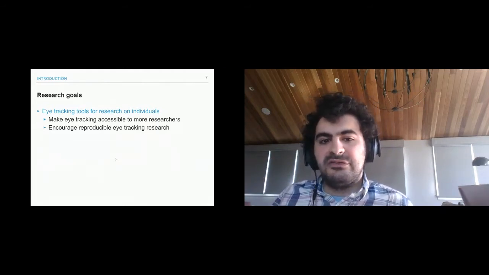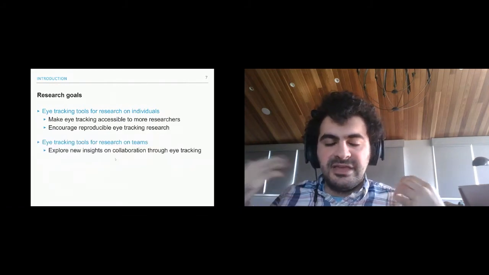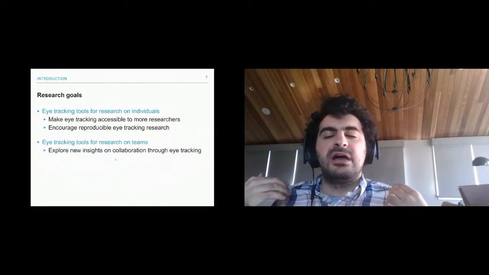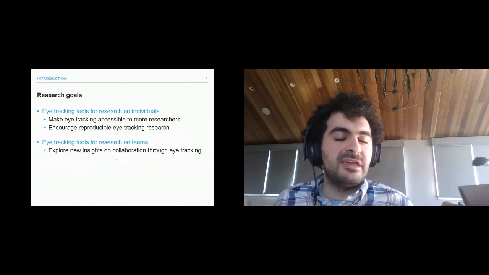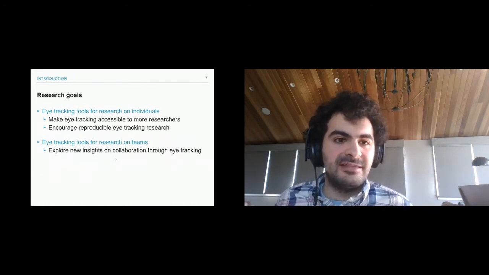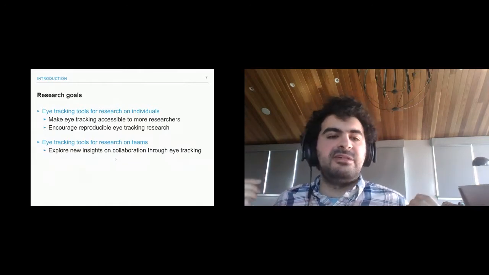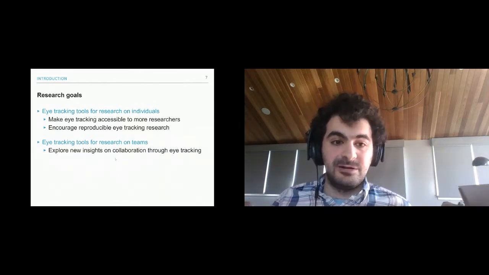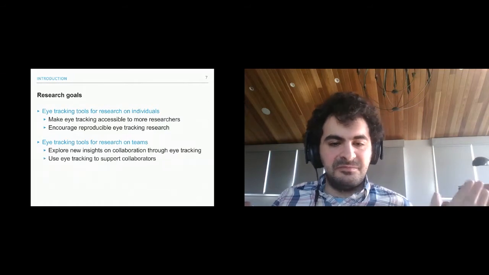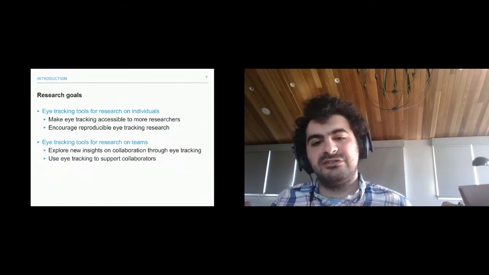And you can also do insights on teams. Imagine if you had Google Docs set up and you could see where your colleagues are looking, instead of having them show their mouse or manually scroll. You can just say, hey, I meant that paragraph over there. And so once again, it's using eye tracking support with collaborations.